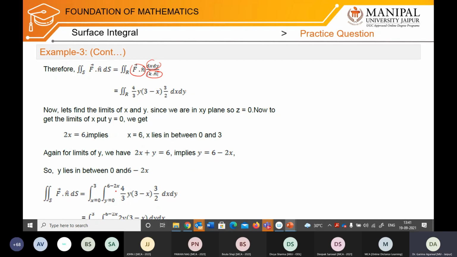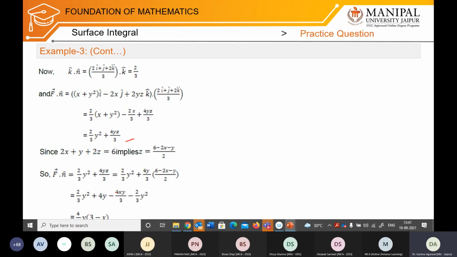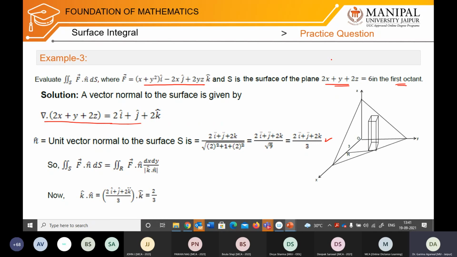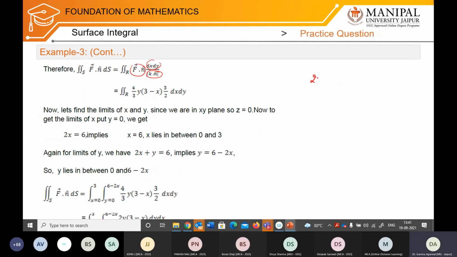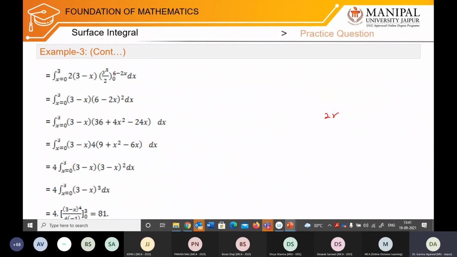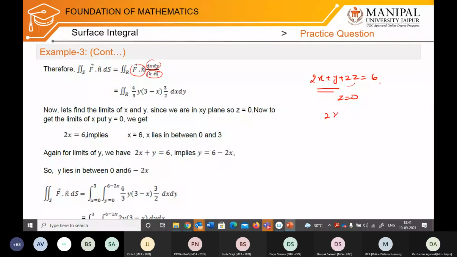Now, how can we find the limit? This is the important question. The equation of the surface is 2x plus y plus 2z equals 6. We are taking the limit in x and y, that means the z coordinate will be 0. So 2x plus y equals 6.